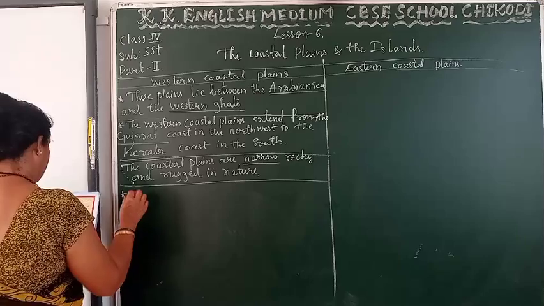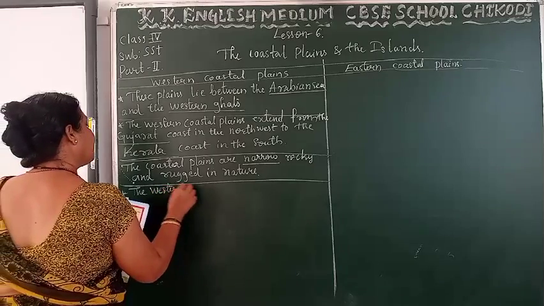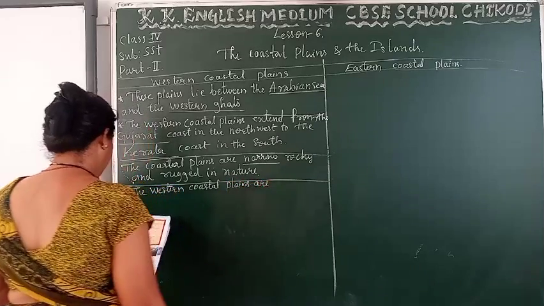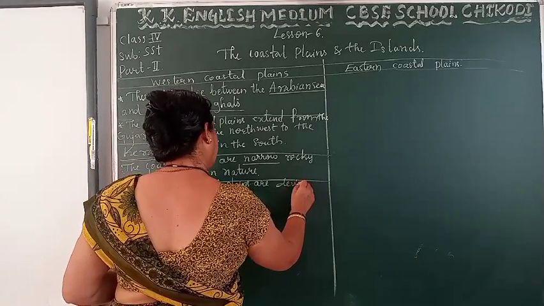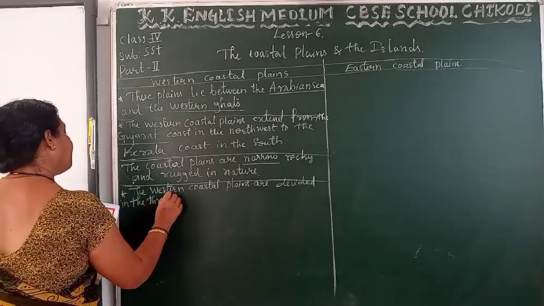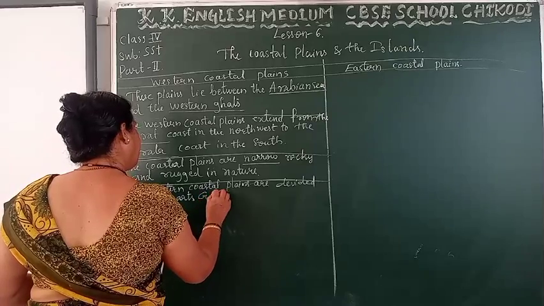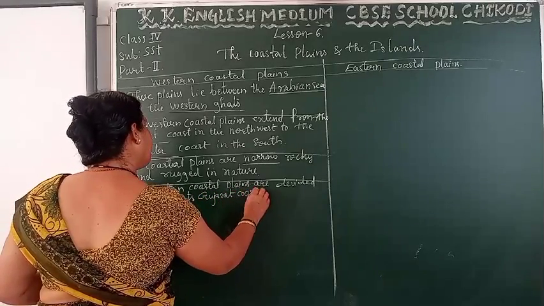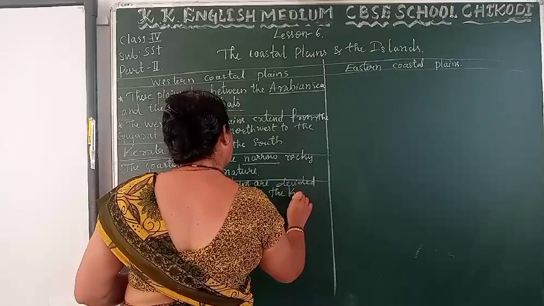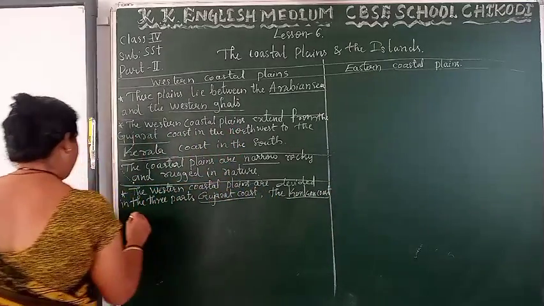Next point is, the western coastal plains are divided into three parts: Gujarat coast, the Konkan coast and the Malabar coast.